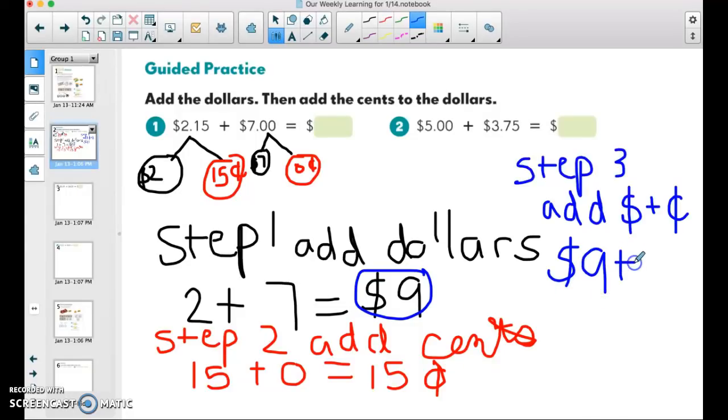Plus my cents is 15. Don't forget, your dollars are on the left-hand side of your decimal point and your cents is on the right-hand side of your decimal point. Okay? So my total is going to be $9.15.